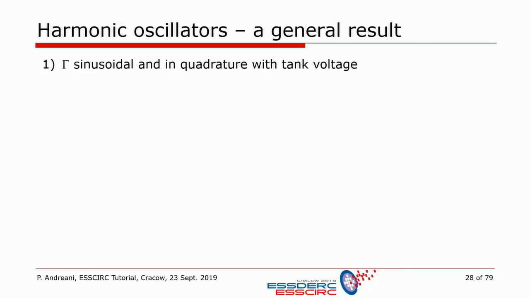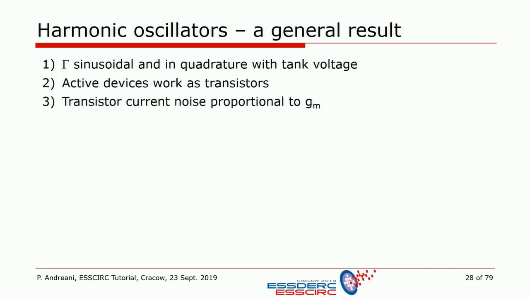and in fact, this is a more general result. So we can actually show that if this impulse sensitivity function, gamma function, is sinusoidal and in quadrature with the tank voltage, the active devices work as transistors. So basically they are off, or they're in the so-called active or saturation region, but not, say, in the linear region, thinking of MOS devices.